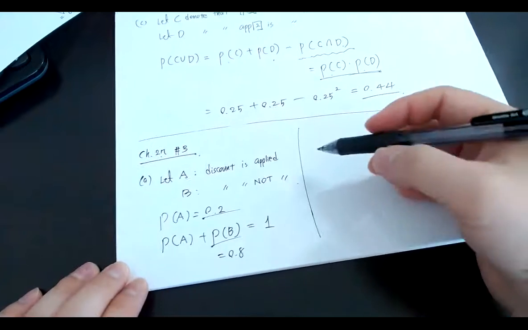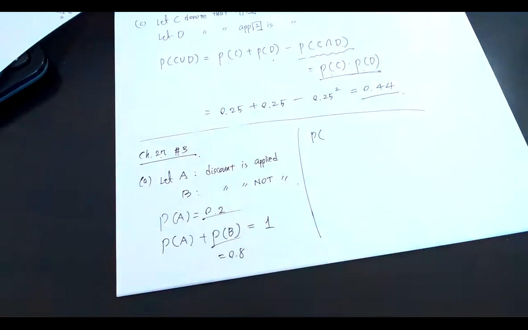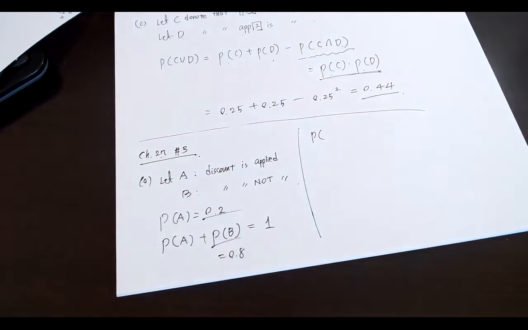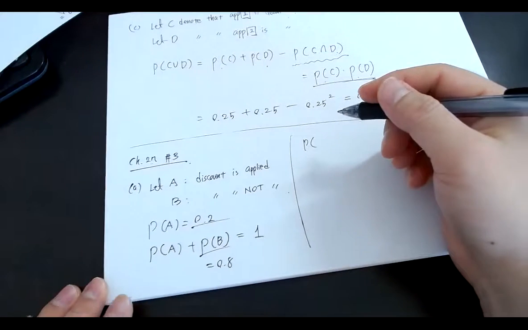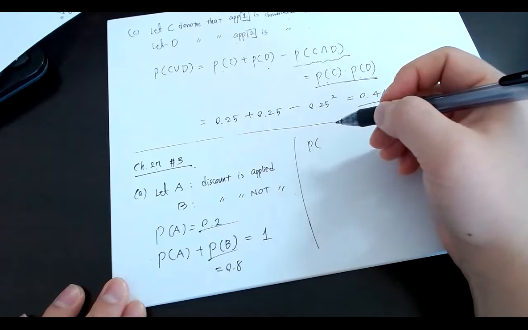Now we need to figure out question A: the probability that the first discount is applied to the 5th order.